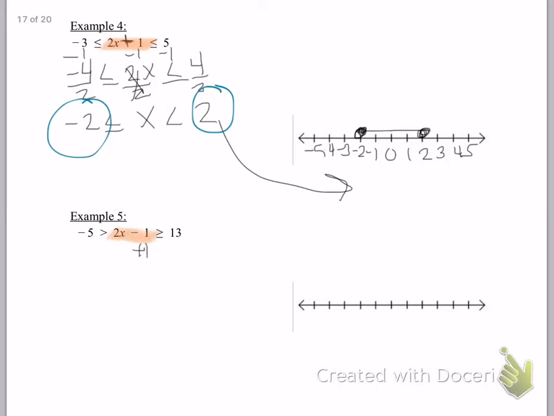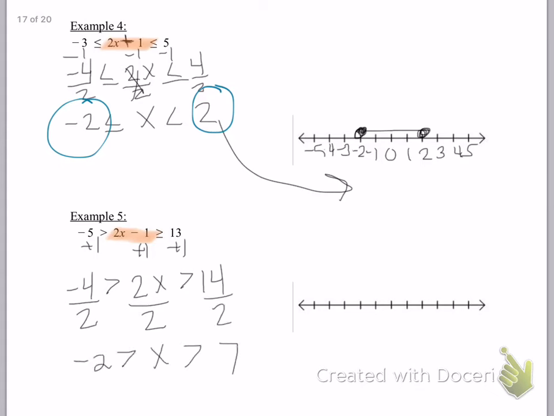So add 1 to each side. So we have -4. And then 2x. And then 14. So now we're going to divide each side by 2. So we have -2, x, and then 7. So go ahead and take that to the number line.